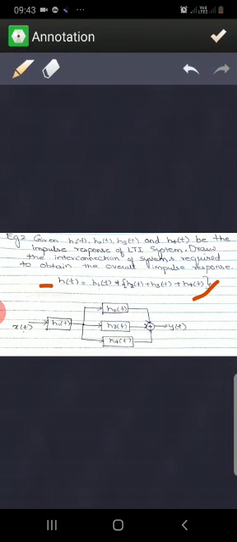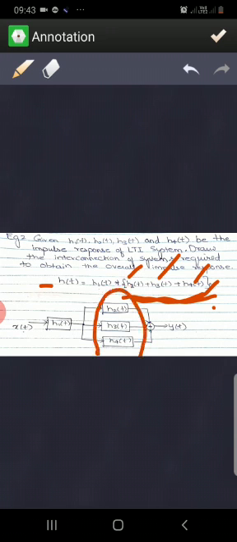Now if you see, this addition operation is there and a square bracket is there. We will remove this addition by connecting in parallel, therefore h2, h3 and h4 we connect in parallel, and all are in between plus, therefore we give them to a summer. Now this parallel combination is connected in cascade with h1 of t.